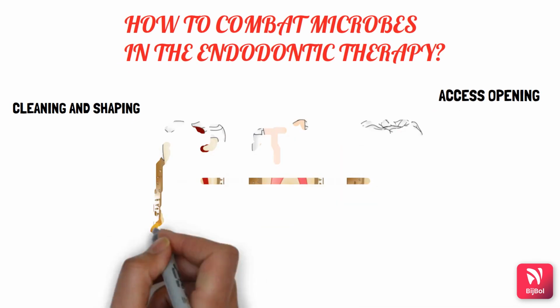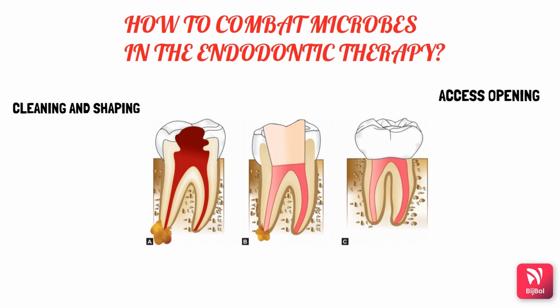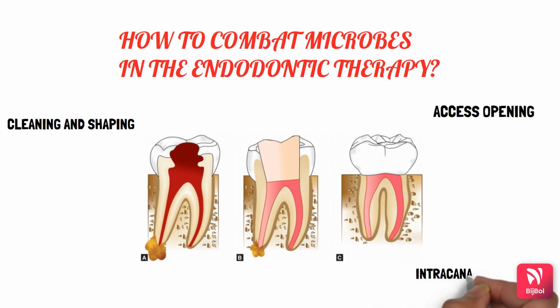That's how the anaerobic bacteria will get this oxygen and they cannot survive in this oxygen environment and they die. And the use of antibiotics with intracanal medicaments plays an important role in combating the microorganisms, and also the use of calcium hydroxide in canals with necrotic pulps after instrumentation will provide beneficial results.